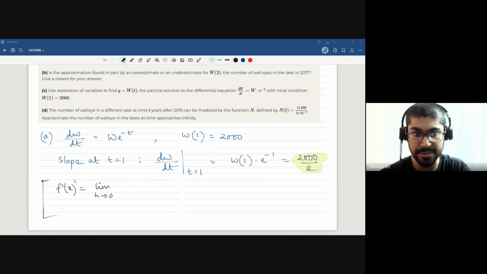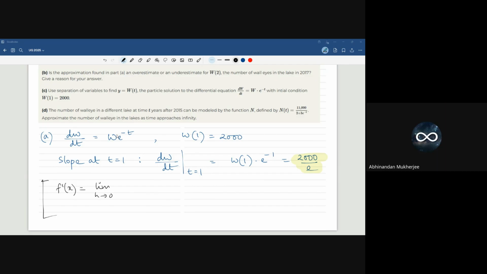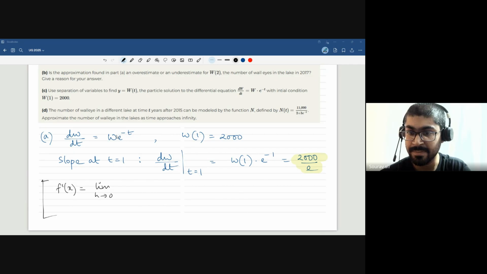What is the first principle for the derivative? How do you calculate derivatives? Yes, anyone? First principle. What is it?